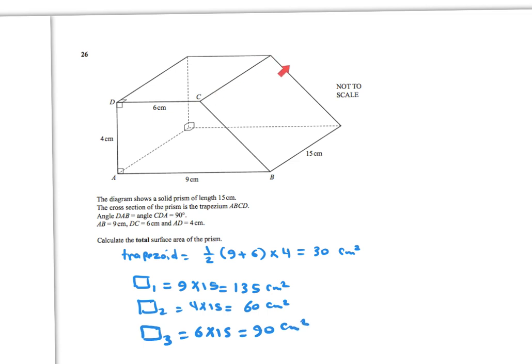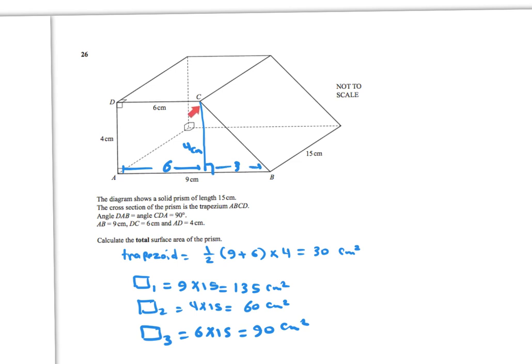Now for this rectangle, we have its length 15, but we need to find this side. To find this side, if we drop line from C perpendicular to the base, this will be 4. And because this is a rectangle, this is 6 and this also 6. So now we can find this side, which is 9 minus 6, which is 3.